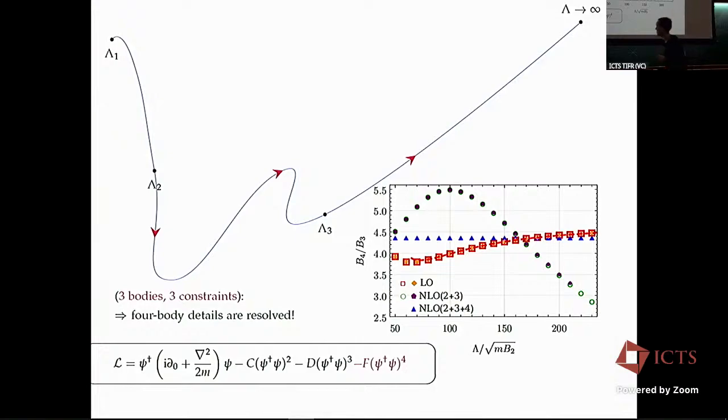What has been shown a couple of years ago was that if you do a four-body calculation, focus on that graph only here. You have on the x-axis lambda, the cutoff, the inverse range of the interaction. On the y-axis, you have B4, the bound state energy of the shallowest tetramer in units of B3. The various dots there are results of a numerical calculation.